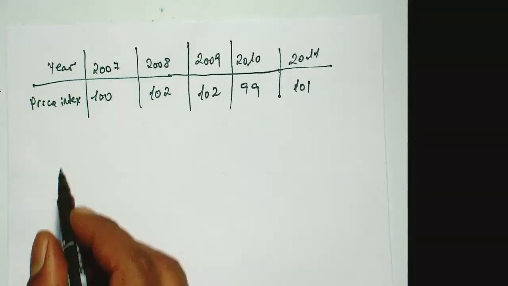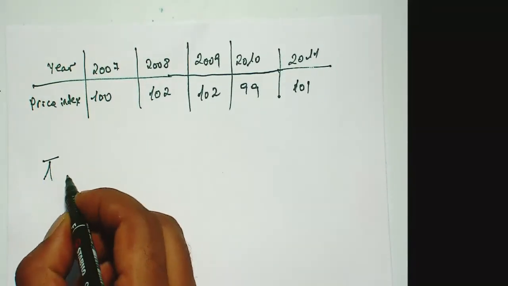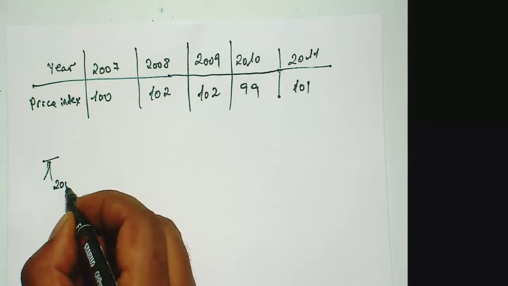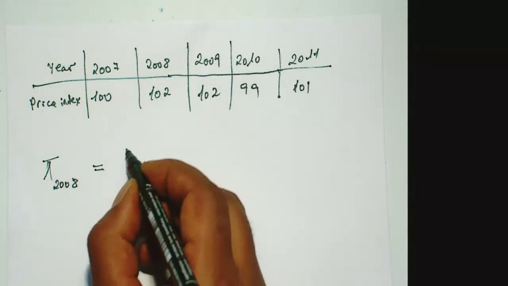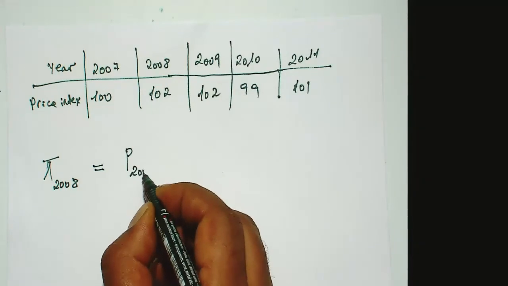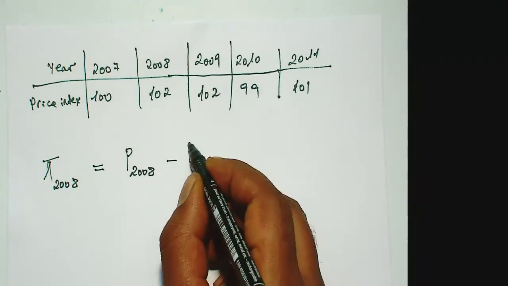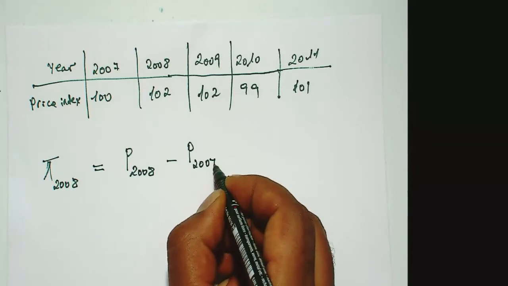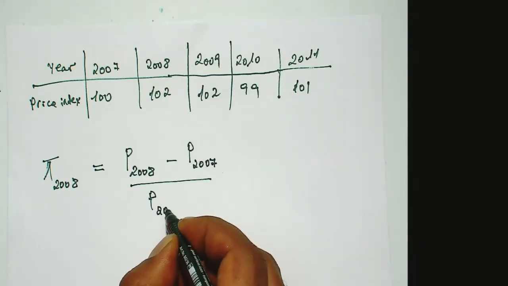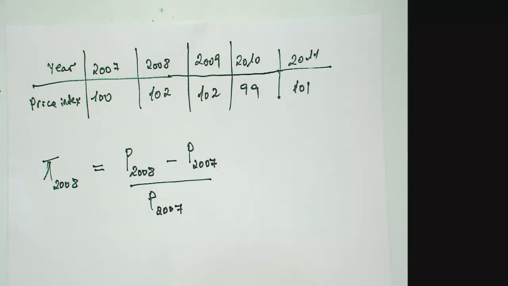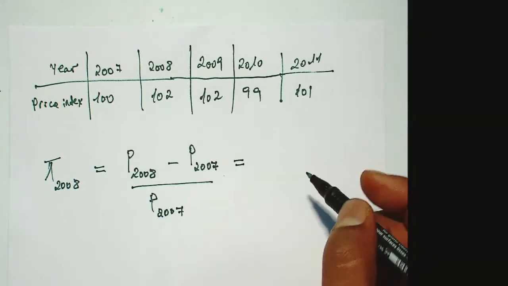Using the formula that we just saw, the inflation at 2008 is represented by price at 2008 minus price at 2007, divided by price at 2007.